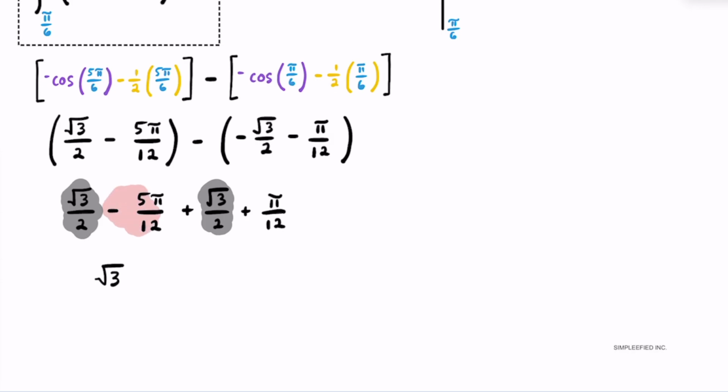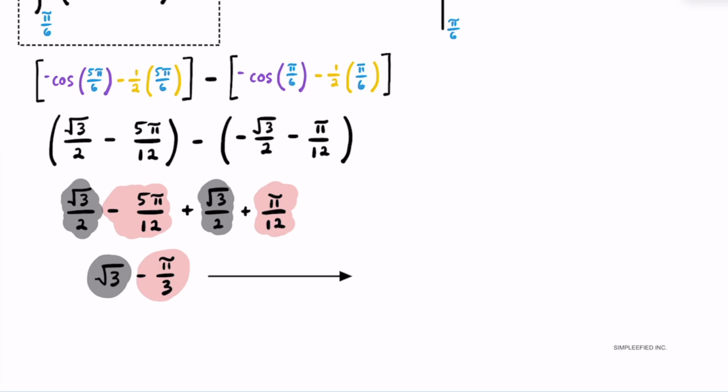And then if we combine this negative 5 pi over 12, and add a positive 1 pi over 12, that's going to bring us to negative 4 pi over 12. But 4 over 12 is just a third, so it's going to be just minus this pi over 3. So by combining some like terms together, we got this root 3 that was from combining those radicals, and then if we combined those pi terms, we have this negative pi over 3.